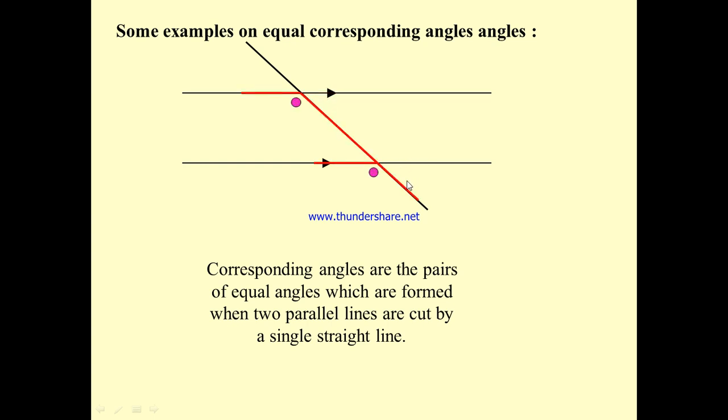The other one, okay, the opposite. Notice that here the corresponding angles are above the parallel lines, okay, because the F shape is opposite, upside down. The last one, this also equal corresponding angles.